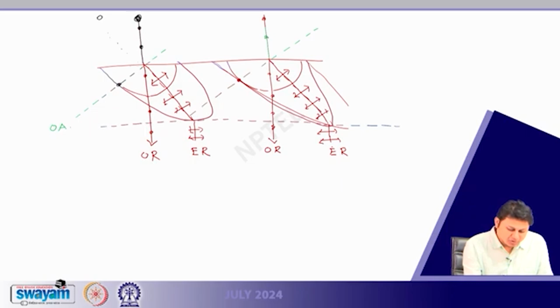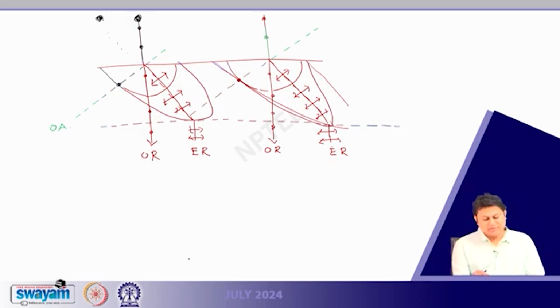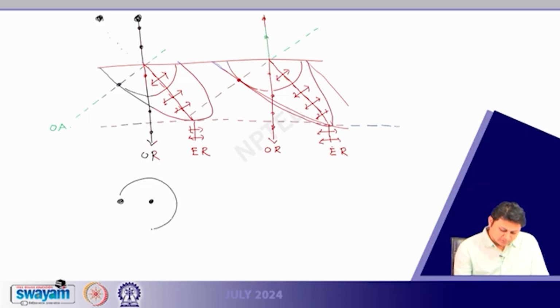So for a single object, we can have two refracted images, and since the refracted ray for the extraordinary is coming in a different path, we can see that the object is sitting here as well. And if I rotate the crystal like this, the image generated by the ordinary ray will remain fixed, but the other image will rotate around it.